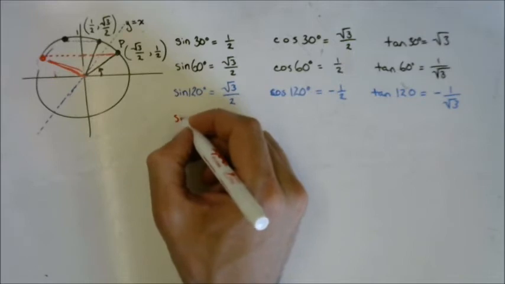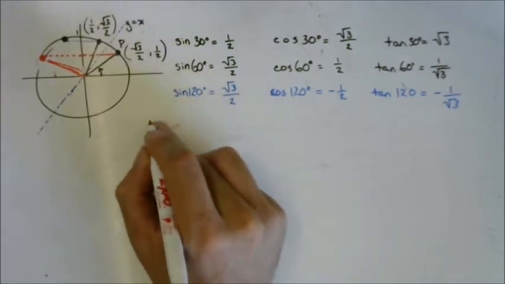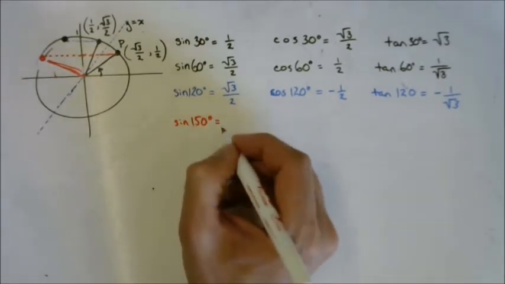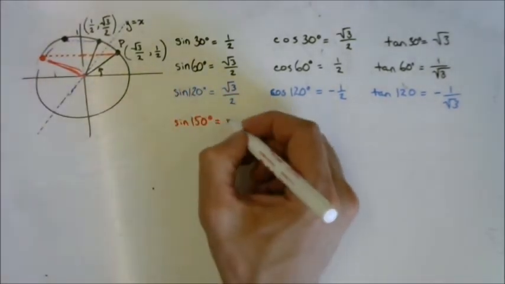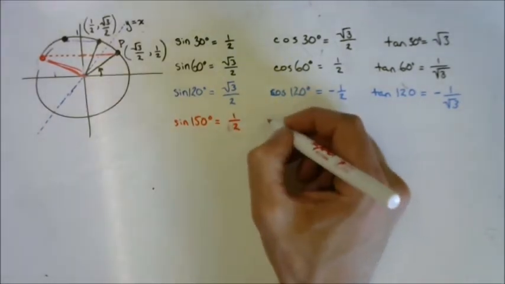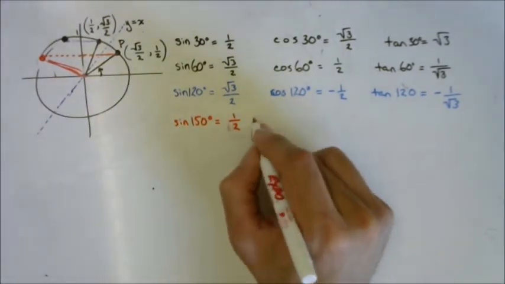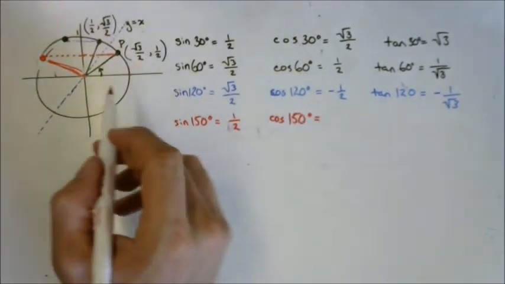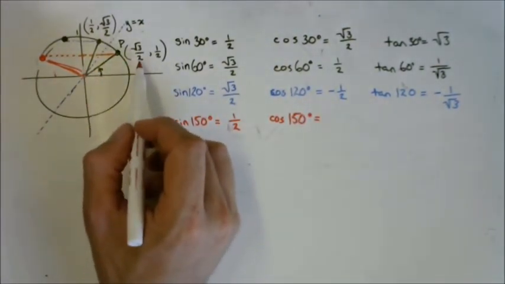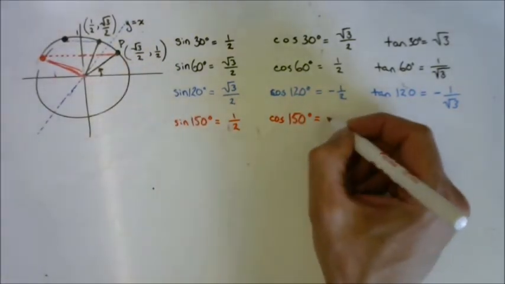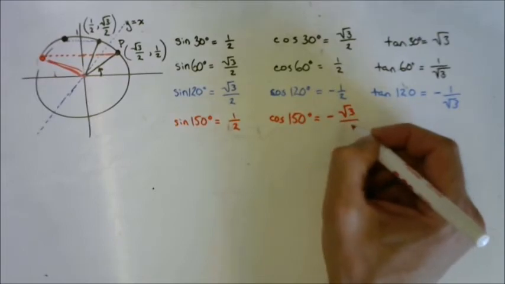So we've got the sine of 150 degrees, which is the y value. It's still going to be 1/2. And the cosine of 150 degrees is going to have the same numerical value as here, the x-coordinate, but it's going to be negative, so we're looking at negative radical 3 over 2.